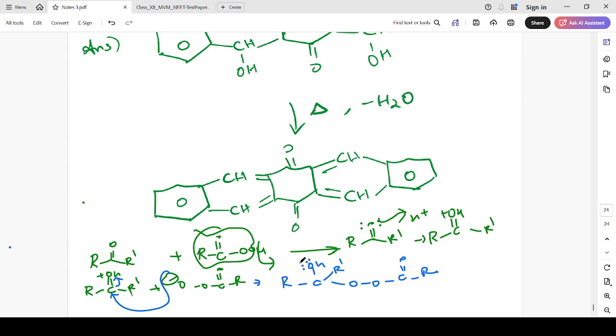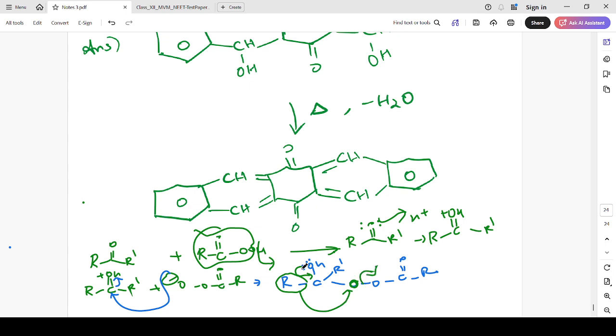What happens? This oxygen's lone pair cleaves in. The R group attached to this carbon goes to this particular oxygen, and this bond cleaves.